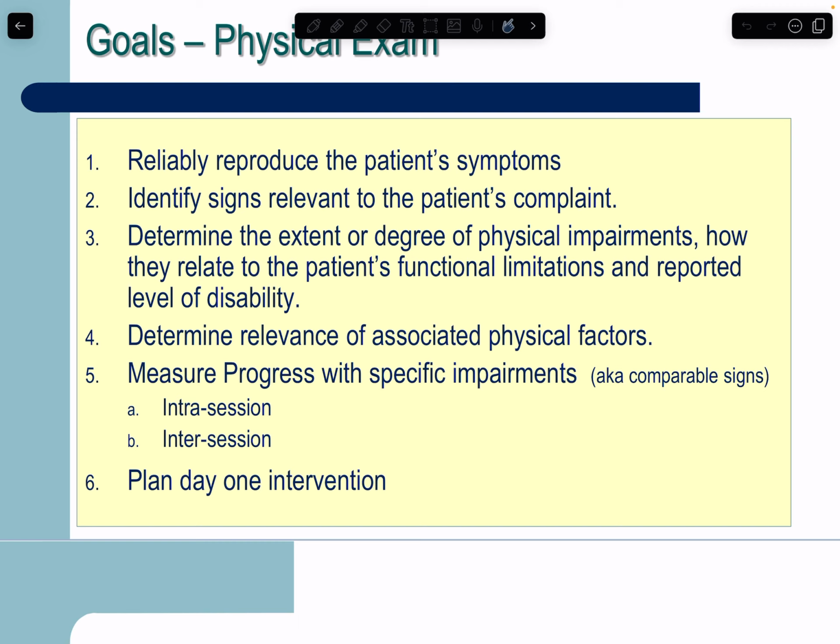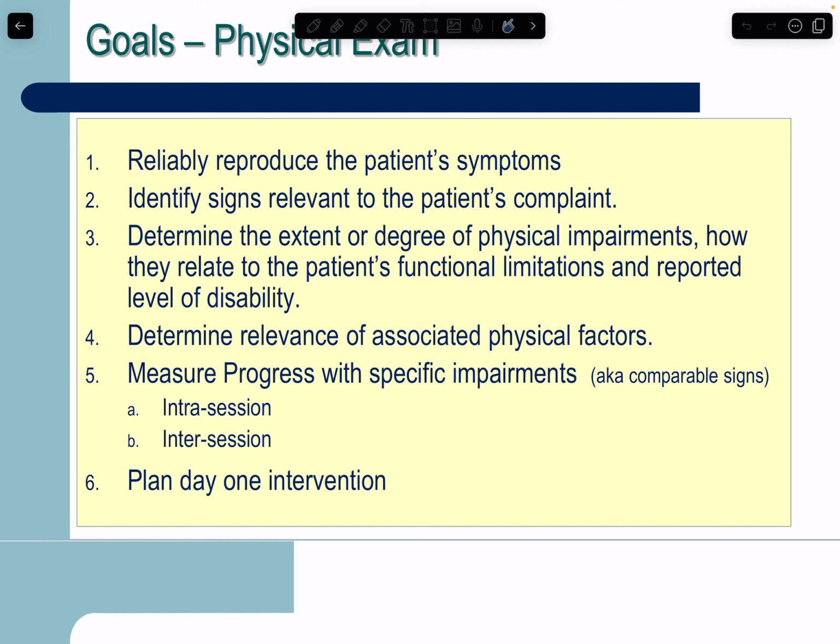Usually we want to have something that is an active movement, a passive movement. In the C-spine, maybe a neurodynamic assessment, and then some type of resisted test. Resisted tests aren't necessary in all C-spine problems, but that may be.